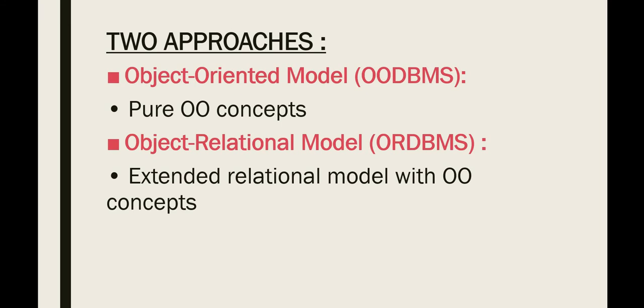Next, we have the object relational model, which is an extended relational model with object-oriented concepts. We can say, in other words, that object relational model is an integrated model between relational and object-oriented model.